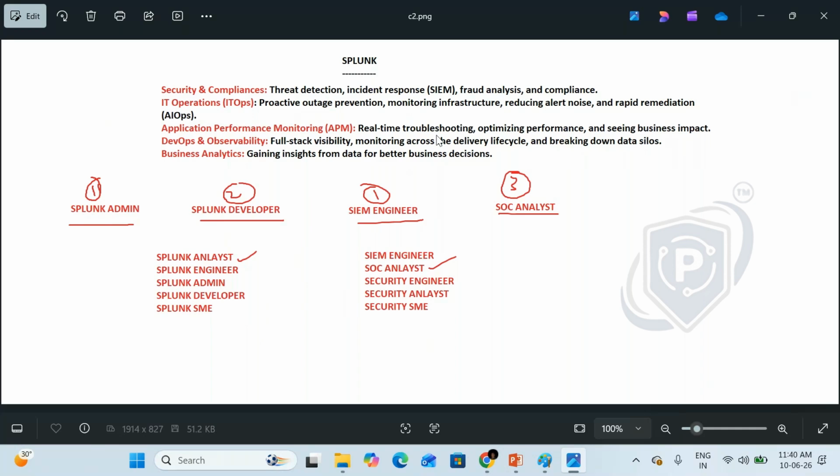In security and compliance, IBM QRadar, Sentinel, and Google Chronicle, and ELK stack. Wazuh is open source. In companies, mostly Wazuh won't be used. Wazuh is also a competitor, but it is open source. Security Onion is another competitor, but they don't have that many features.